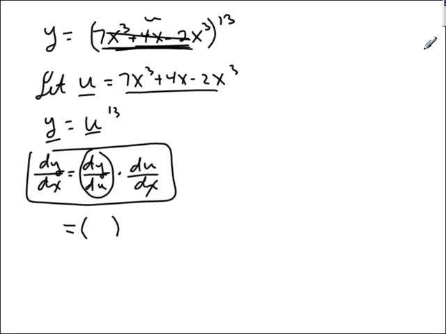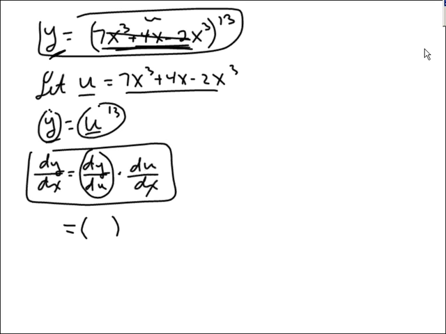Find y in terms of u and take the derivative. Here's y, it's in terms of u. I won't use this y because it's not in terms of u, it's in terms of x. Y in terms of u, the derivative is 13u to the 12th times the derivative of u in terms of x.